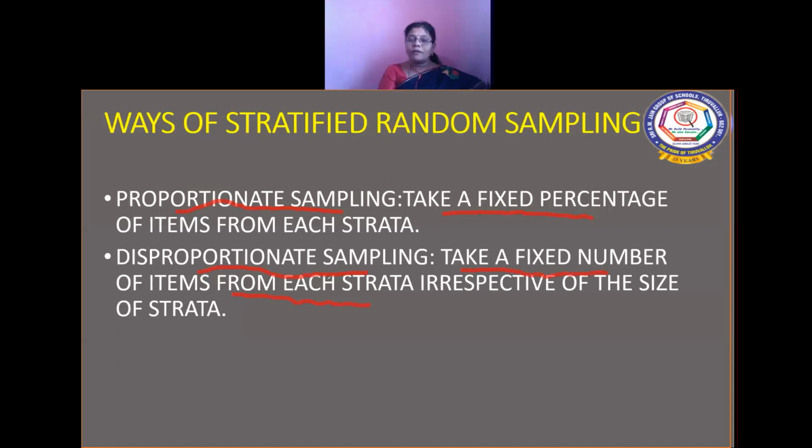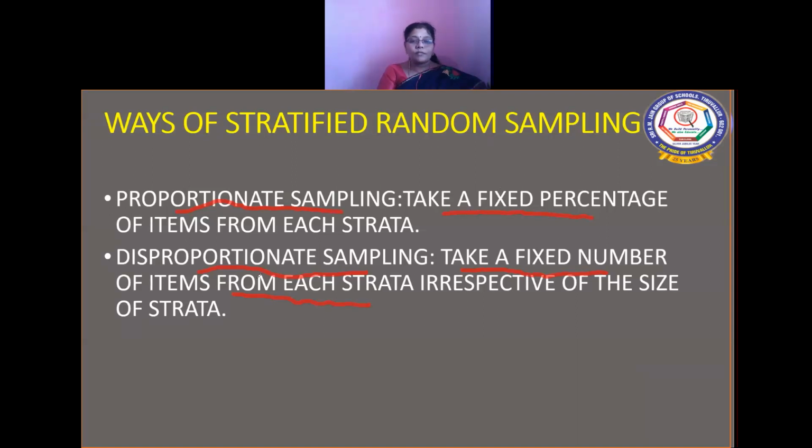For example, if there are 50 students in one group, we fix a percentage, say 10% from each group. So out of 50, we select 5 students. In the same way, we can select 5 students from each group. That is called proportionate sampling because we are fixing a certain percentage.